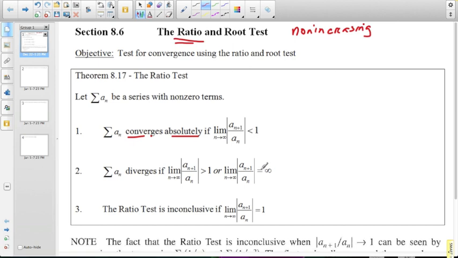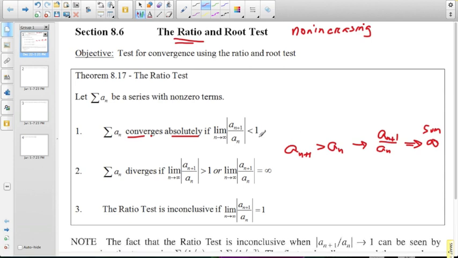And if it's greater than 1, that means a sub n plus 1 is greater than a sub n. If that ratio is bigger than 1, right? So for the divergence, if we're going to have subsequently larger and larger terms that we're adding to the sum, that sum is going to end up being infinitely large.